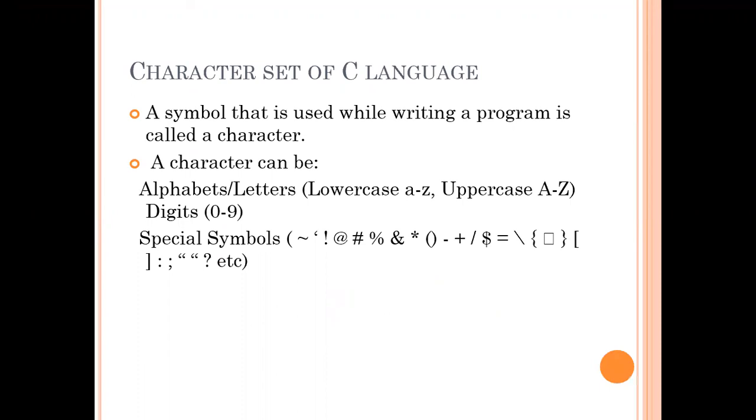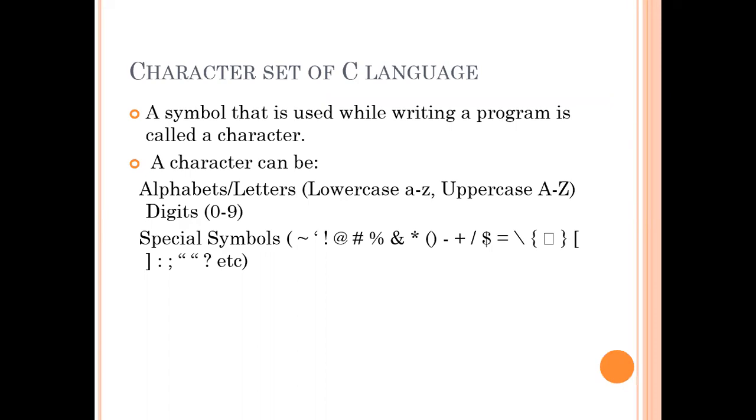The characters that can be used to form words, numbers, and expressions depend upon the computer on which the program is run. However, a subset of characters is available that can be used on most personal, micro, mini, and mainframe computers. The characters in C are grouped into the following categories: letters, digits, special characters, and white spaces.